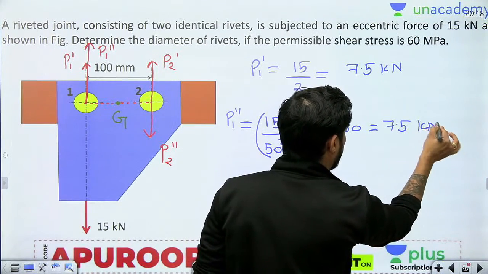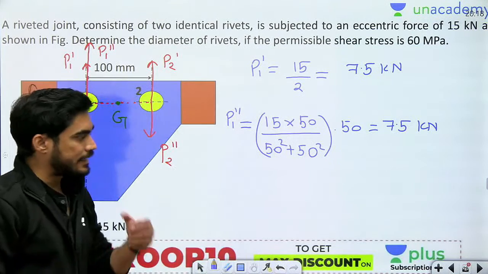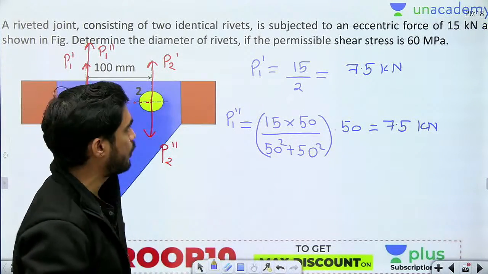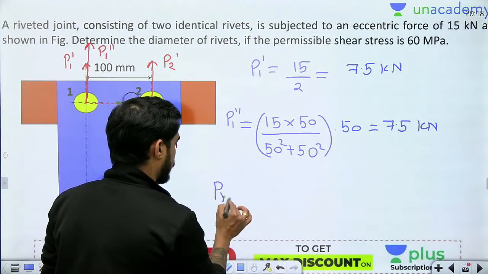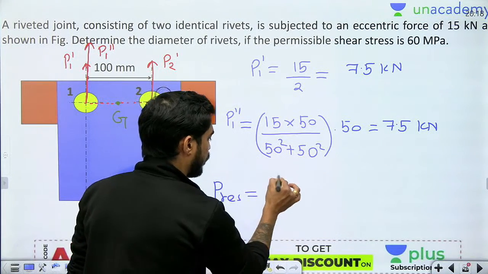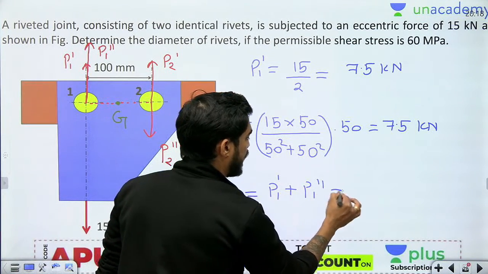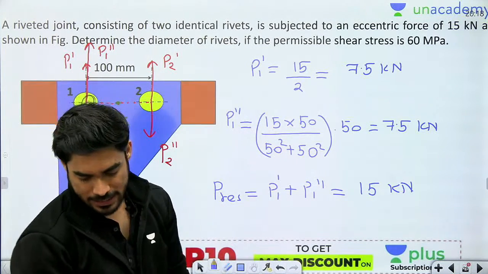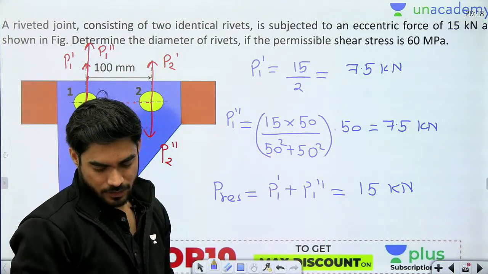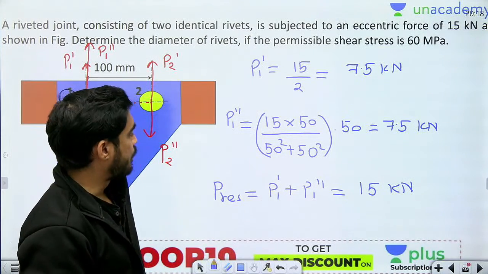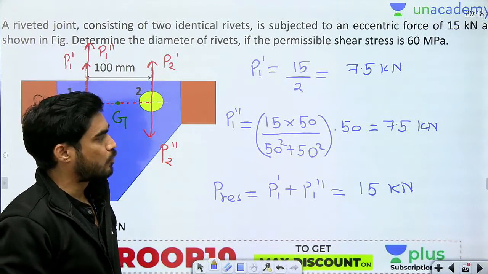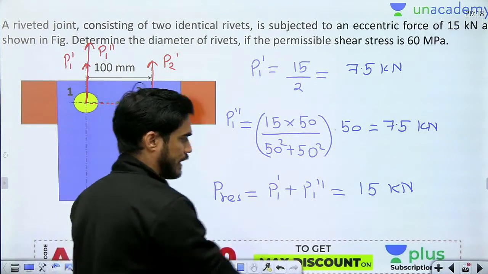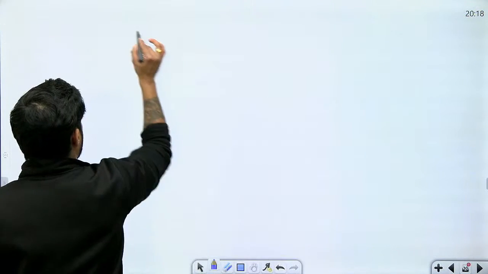P1 dash and P1 double dash both are 7.5 kilonewton. So P resultant will be P1 dash plus P1 double dash, मतलब 15 kilonewton. हाँ कि ना? 15 kilonewton. So resultant 15.